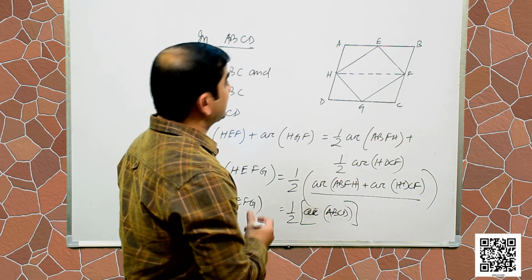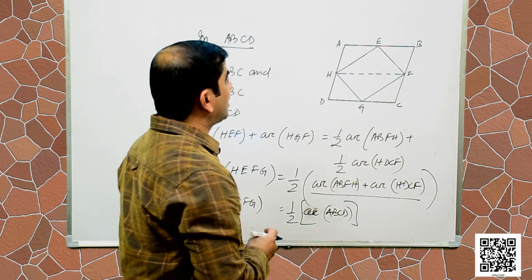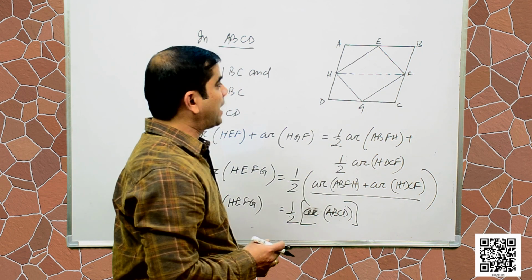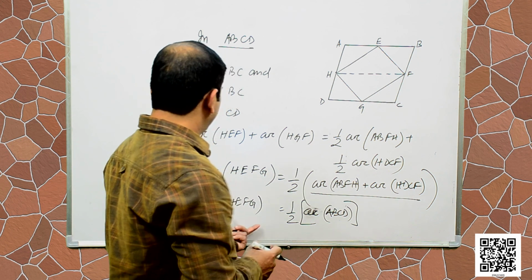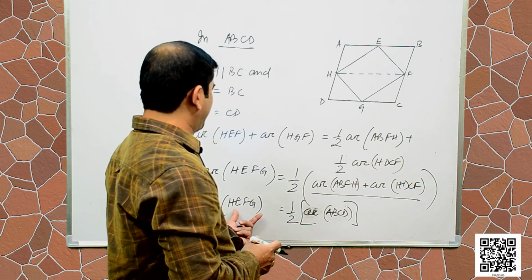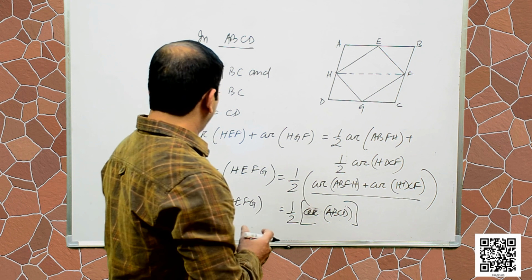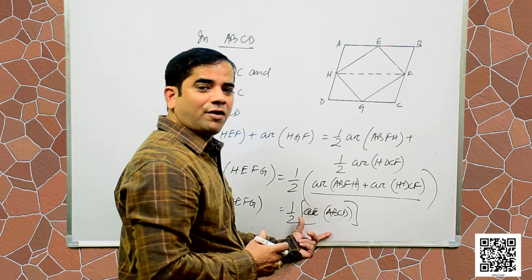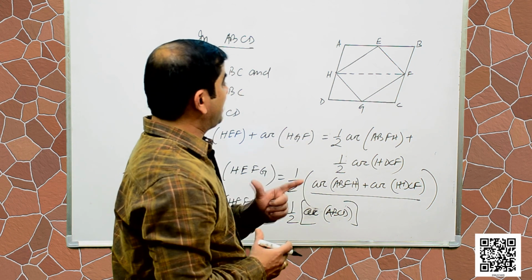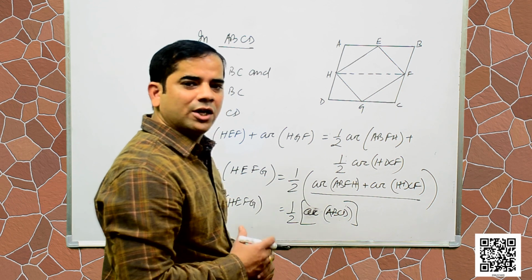Okay, that means when we join the midpoints of the sides of a parallelogram, we get another parallelogram HEFG, whose area is half of the main parallelogram ABCD. Hope you understood the solution.